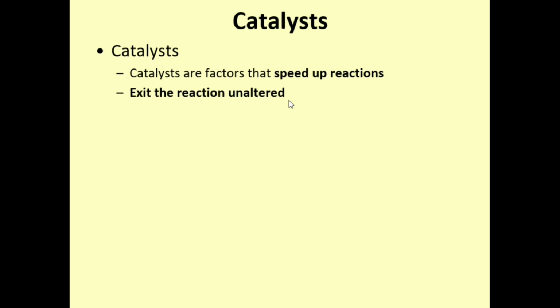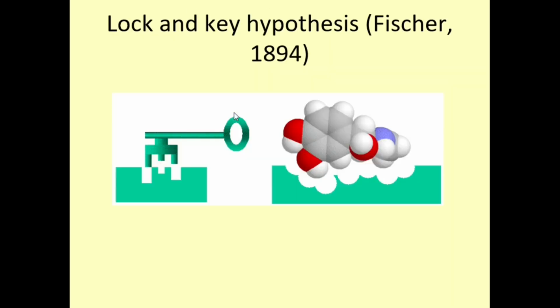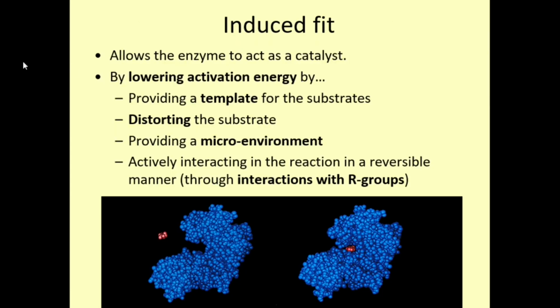They speed up chemical reactions and they exit that reaction unchanged or unaltered. Any reaction that we get between the substrate and the enzyme has to be reversible, so the enzyme exits the reaction unaltered. So those are the four different modes of action by which enzymes are able to lower that activation energy barrier to actually act as catalysts to speed up the chemical reactions.